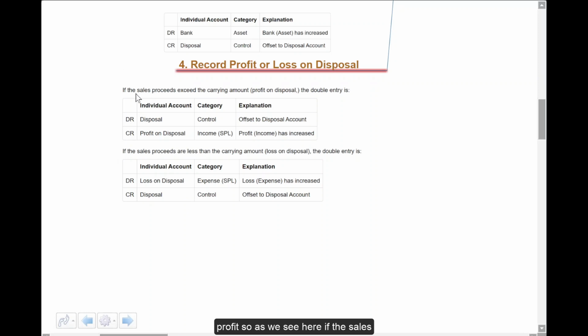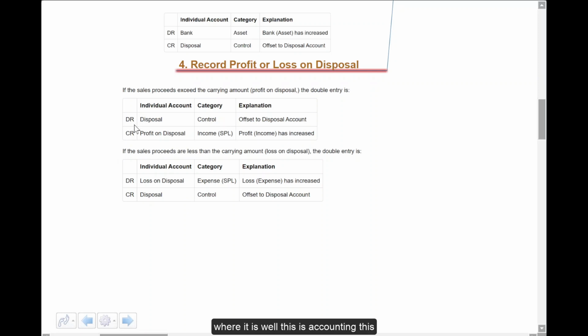So as we see here, if the sales proceeds exceed the carrying amount, i.e. profit on disposal, the double entry, and we must make this because remember, we want to take the profit in this case to the P&L. We debit the disposal account, to offset that account, effectively close it down, and we credit in the P&L profit on disposal. Now, you might think to yourself, well, why not just leave it where it is?